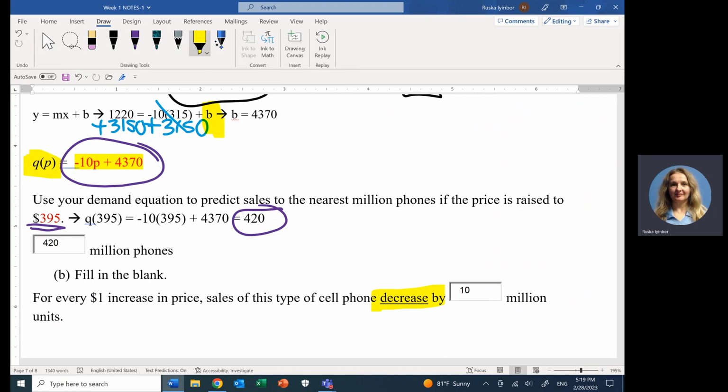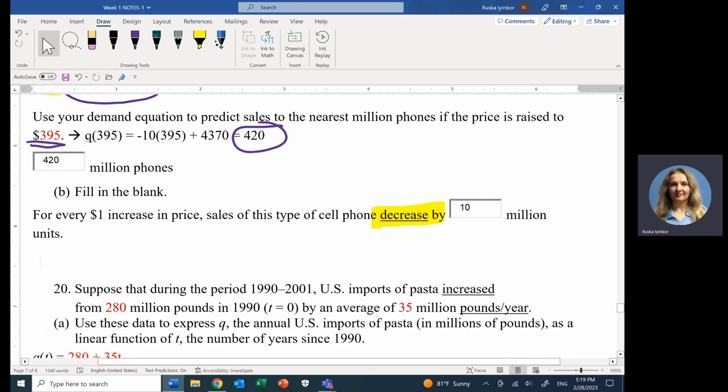Looking at my equation, what is in front of p? Negative 10. But because you already know it's a decrease, you don't put negative 10, you put 10. So it decreases by 10 million units. That's where you get the answer from.